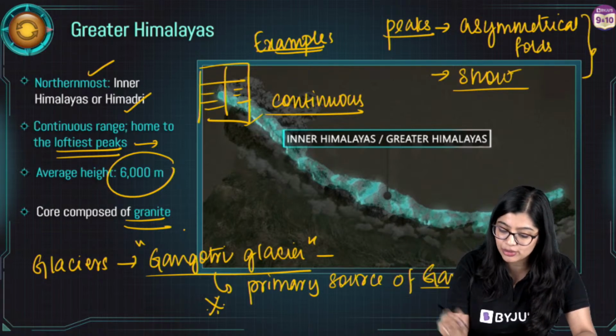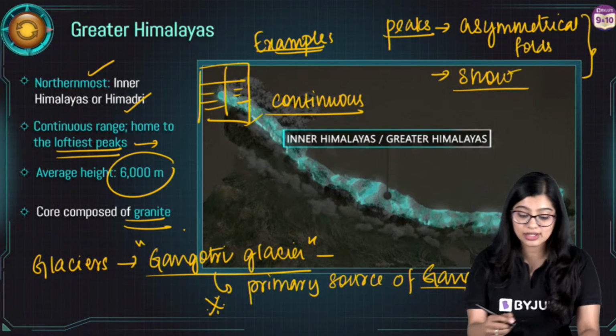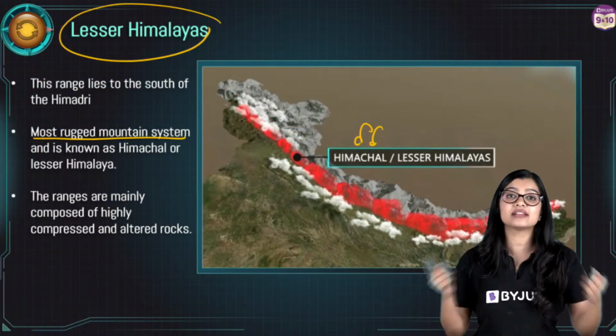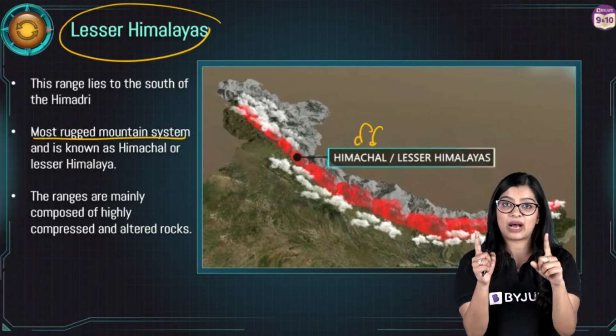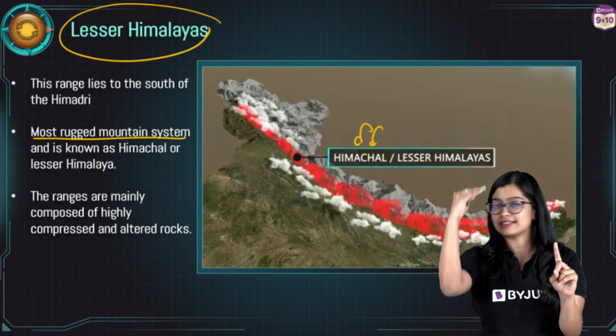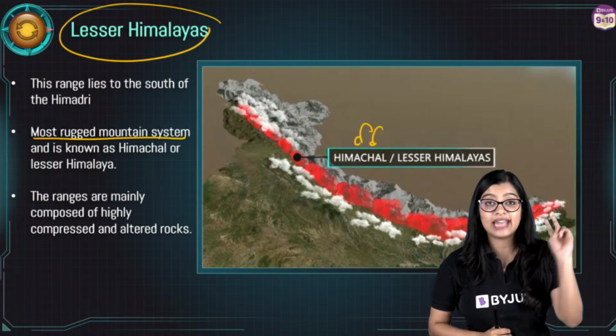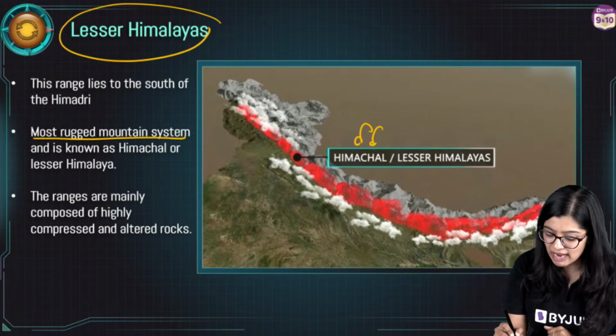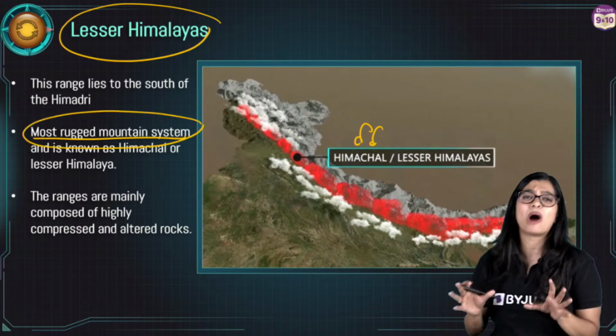So 2 points you need to remember because they can ask you to differentiate between the greater Himalayas and the lesser Himalayas. First thing, of course, is the location. The greater Himalayas are northernmost while the lesser Himalayas lie towards the south. Next, the greater Himalayas have asymmetrical peaks and are snow-clad, while here it is a little more of a rugged mountain system.